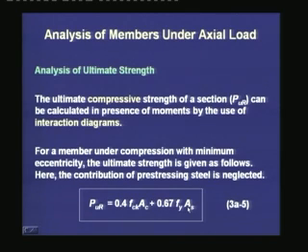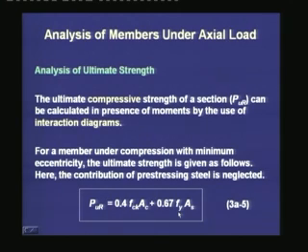Now, in this expression, we have considered that both the materials have reached their ultimate capacities, and also we have introduced a factor to consider the effect of minimum eccentricity, and what we find is that the ultimate strength is a summation of the compressive strength of the concrete and the compressive strength of the reinforcement steel.